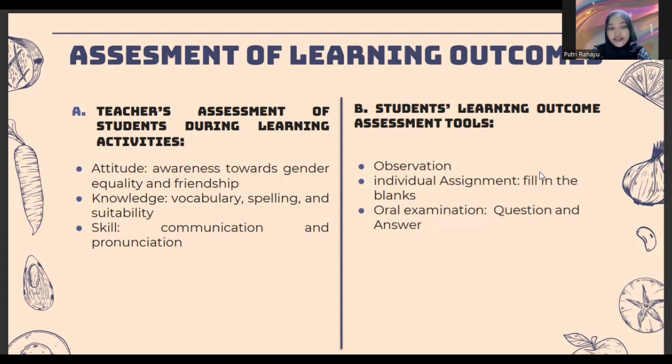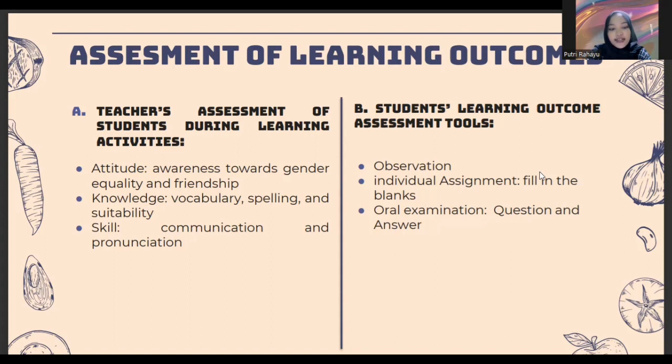Part A is about the teacher's assessment of students during learning activities. There are three types of assessment aspects in this lesson plan, including attitude, knowledge, and skill. So let's first talk about the first assessment, that is attitude.